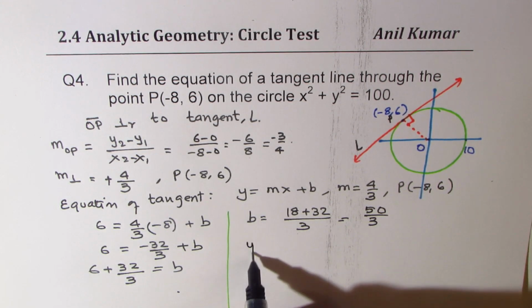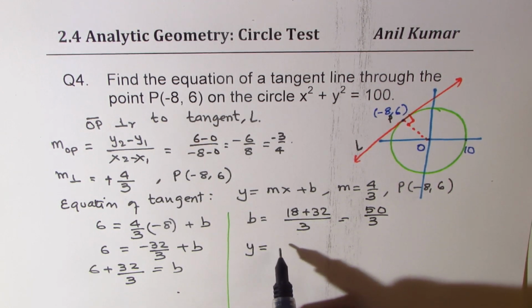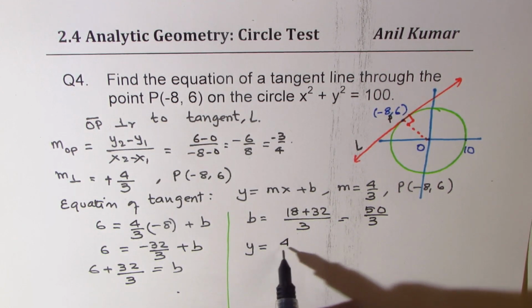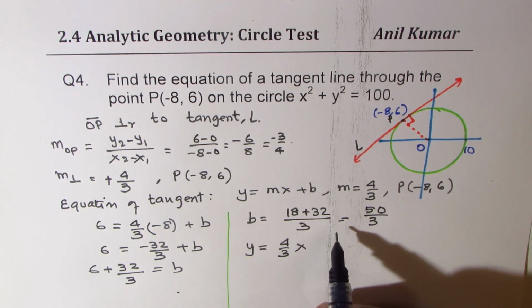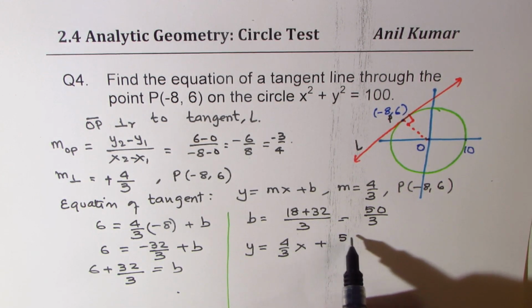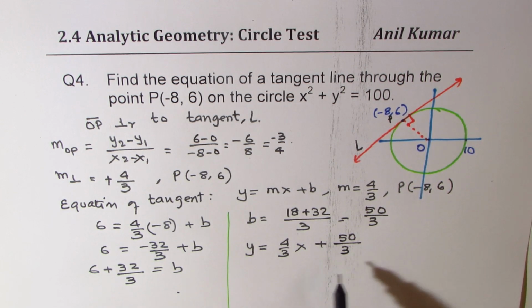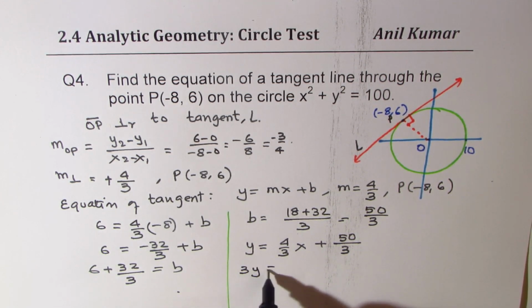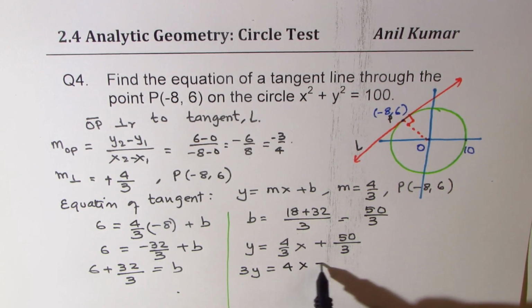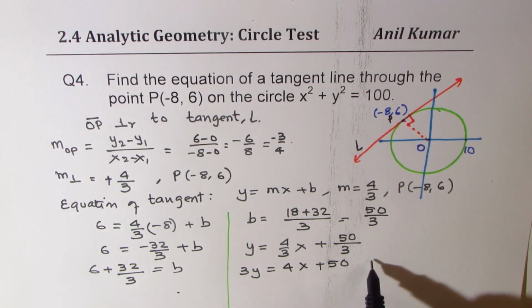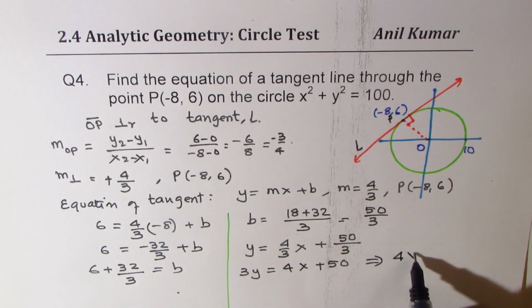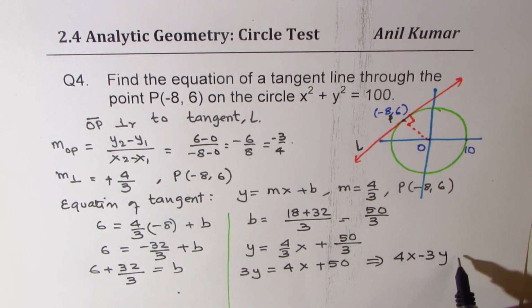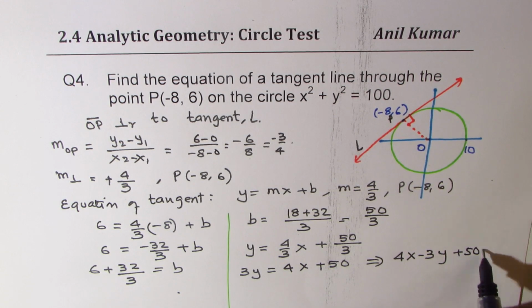So we can write y equals the slope of 4 over 3 times x, and b, the y-intercept, 50 over 3, right? You could write it in standard form. Multiplying by 3, we get 3y equals 4x plus 50. Or you could write this as 4x minus 3y plus 50 equals 0, right? So that is how you could get the equation of the tangent line.